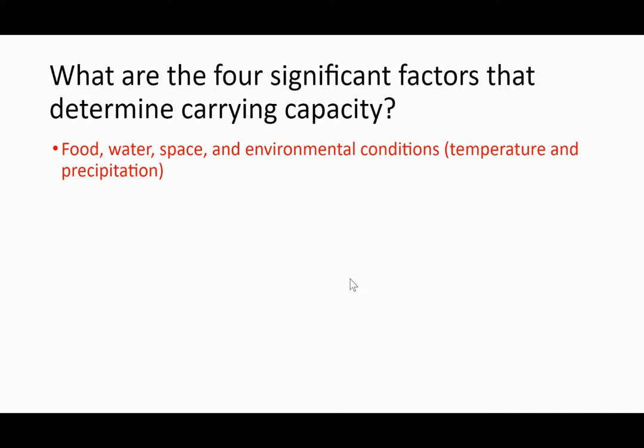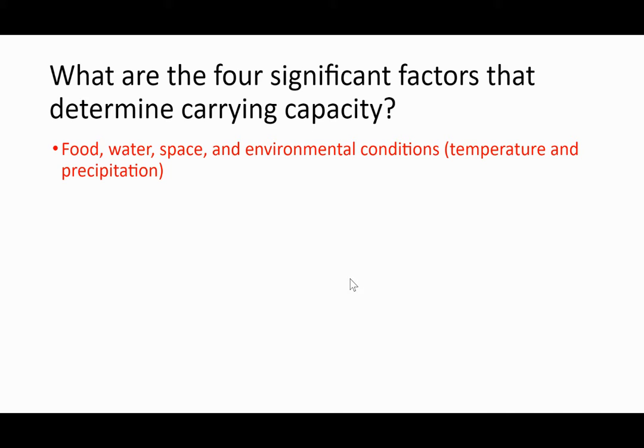Number 3 is space. Is there enough room in the environment for there to be low competition? Remember, we talked about how competition can have a negative impact with the individuals or with the species involved. So space can definitely determine carrying capacity. And finally, number 4, environmental conditions. So if you have extreme temperatures, cold or hot, that can influence your carrying capacity because that could influence what types of organisms could live in that habitat.